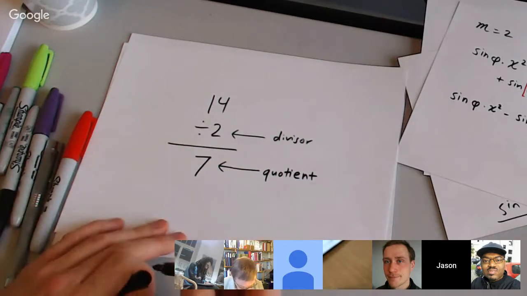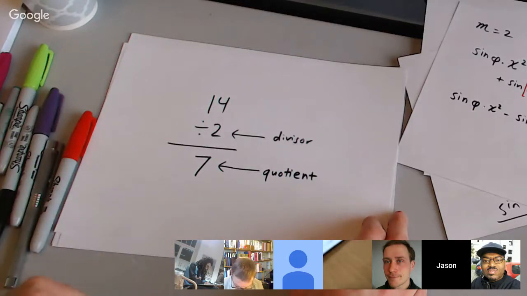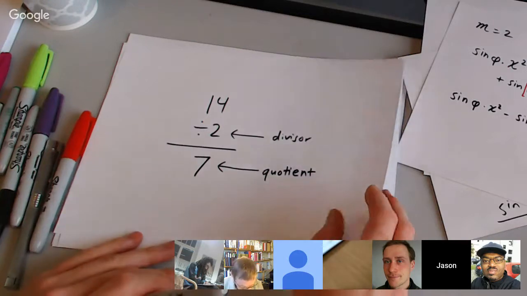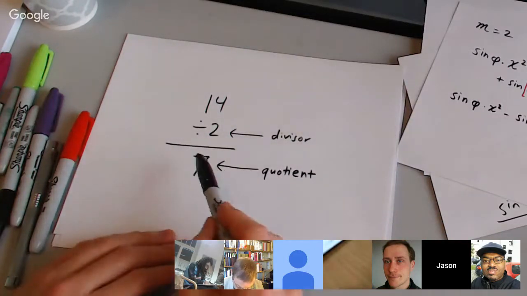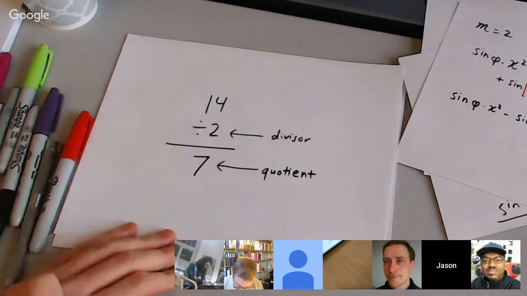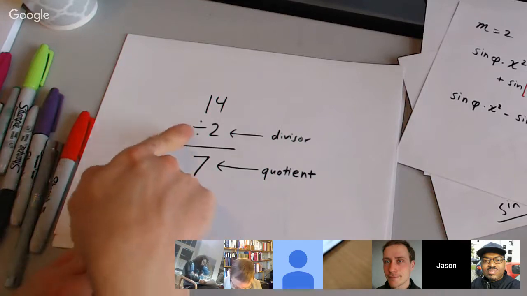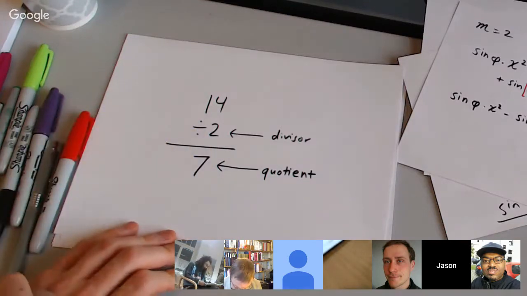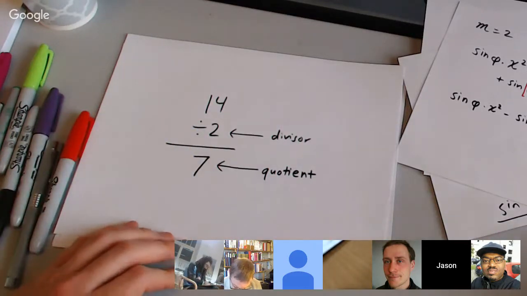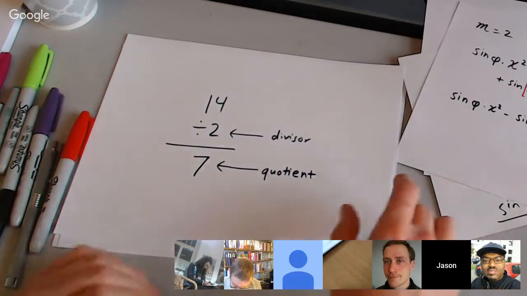So that's just the words. When you multiply a quotient times the divisor, you get back the initial number. So 7 times 2 brings you back to 14. What Gauss is saying is that the quotient will be sine phi.